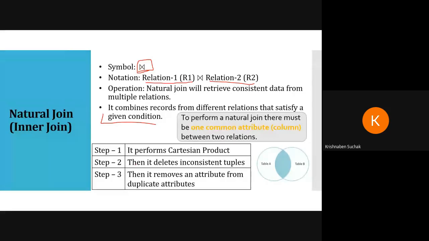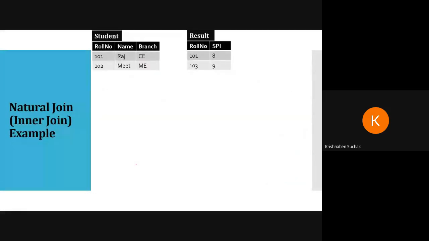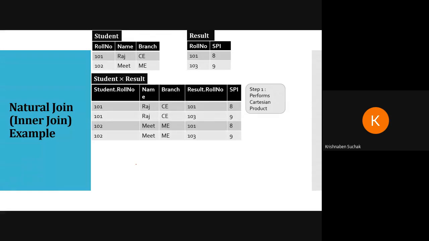Okay. So see here again that example is taken. Student and result. First, it will perform step 1, that is, it has performed the cross operation, or you can say Cartesian product operation. Then it will remove inconsistent tuples. Tuples which are inconsistent will be removed here. Student roll number and result roll number both will not exist, so it will be removed.